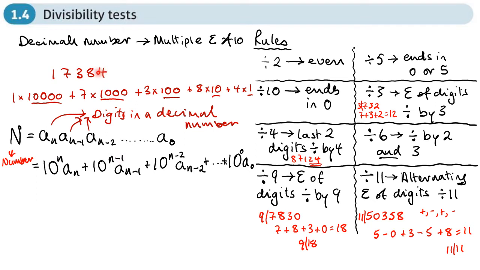So first digit, first position here, or 0 position, power 10 to the power 0. So we could think of this as a0. First position, or a1 position, a2 position, a3 position, a4 position. So the little sub number down here is the power of 10.